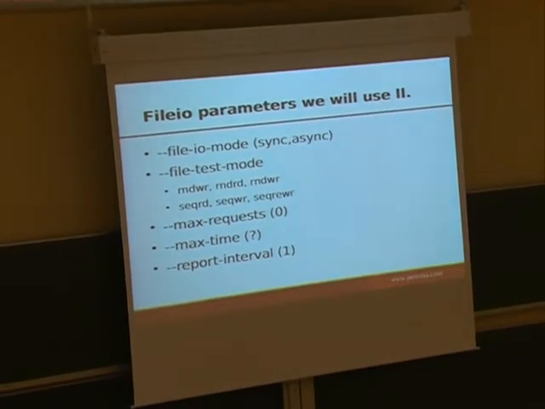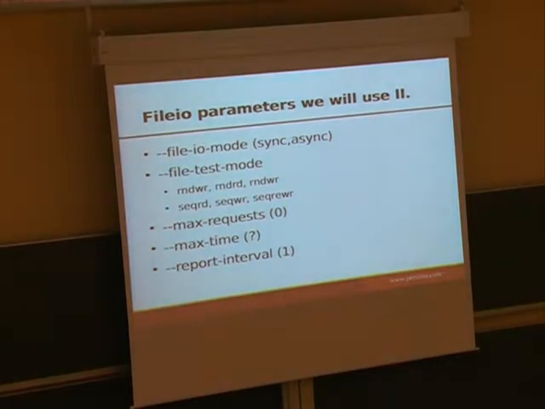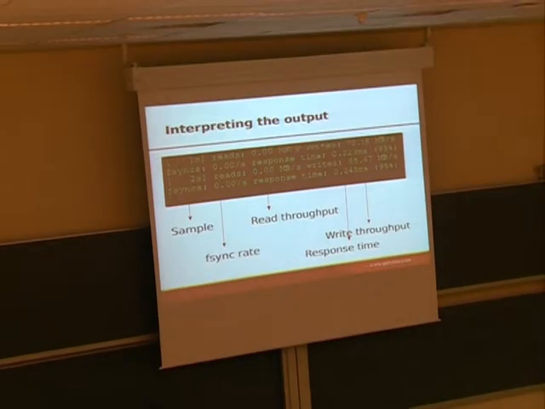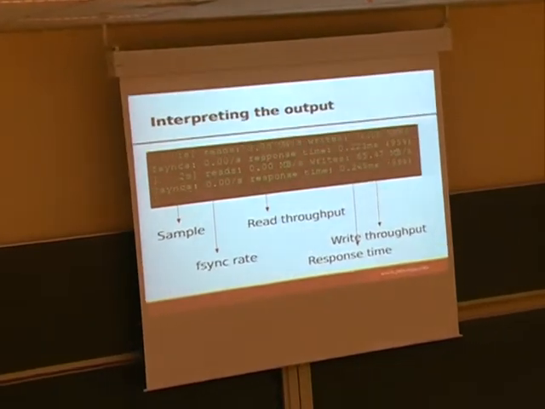We will also use the max requests parameter, so we don't limit the benchmark based on requests. The max time parameter, and we will capture the metrics every second. So this is how the output looks.